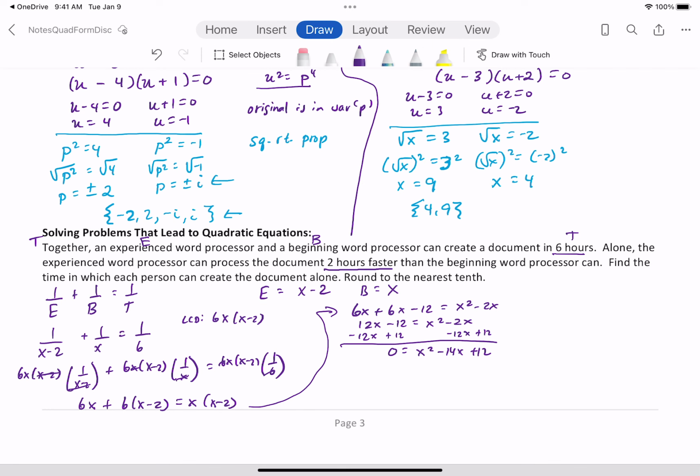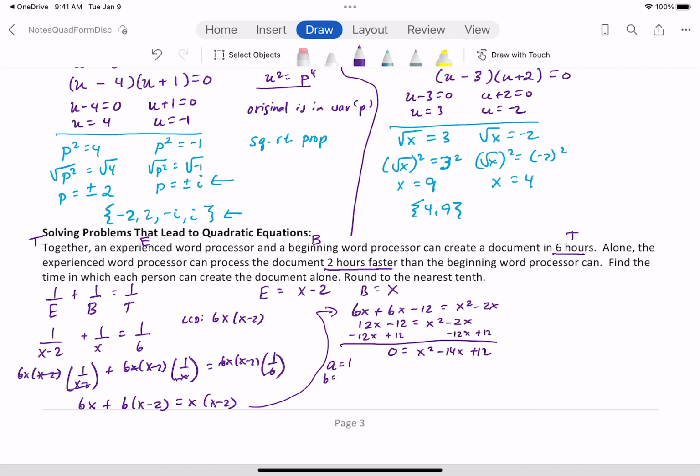Now, you can try in your head really fast if you want. The factors of 12 are 12 and 1, 6 and 2, 3 and 4. None of those are capable of giving me a 14. So that means we're going to need the quadratic formula.